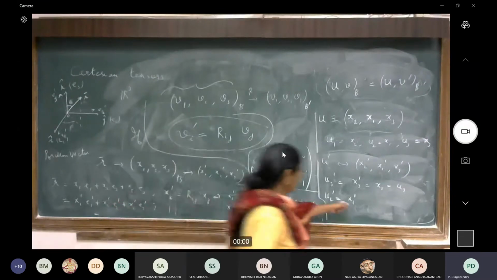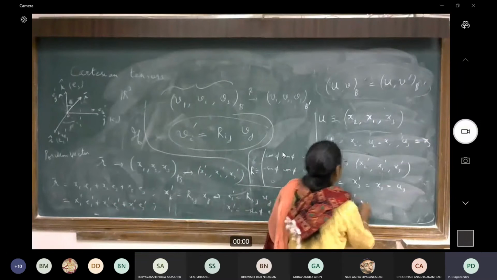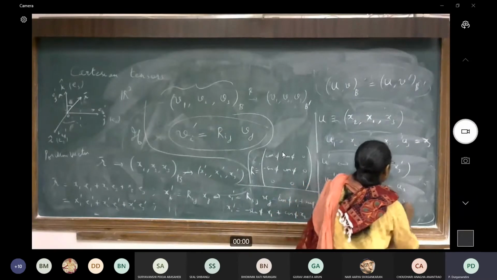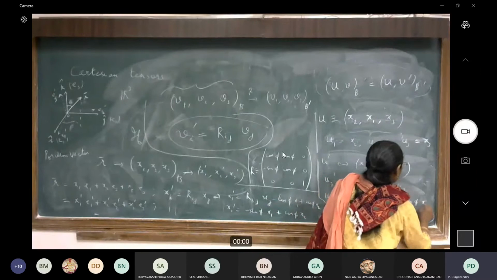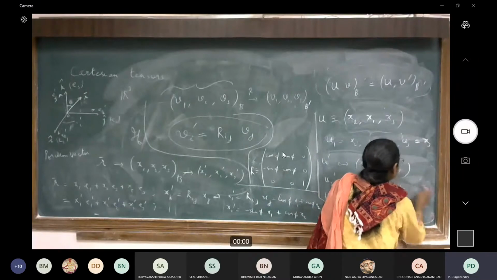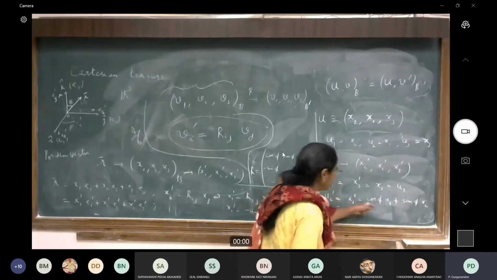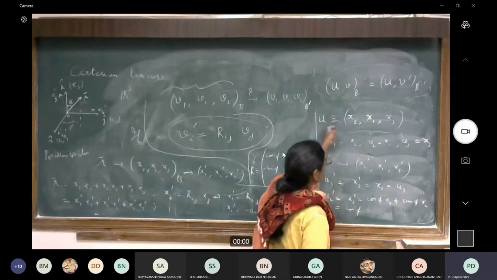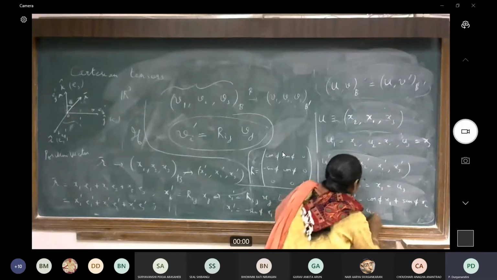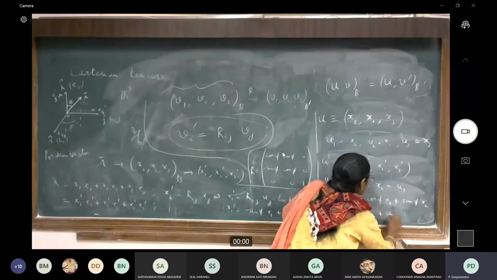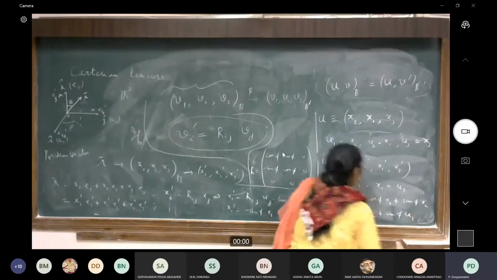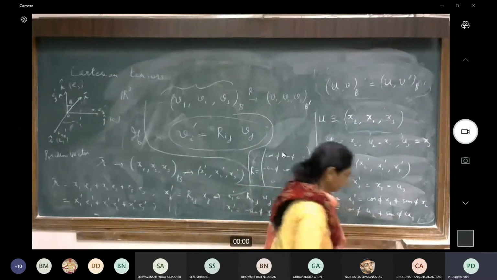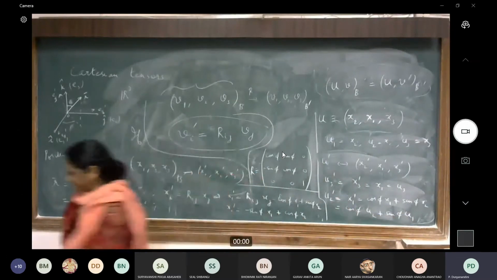So let's substitute here. U2 prime is x1 prime, so I can write this as cos phi x1 plus sin phi x2. Fine. But this I will now write as cos phi times x1, which is nothing but u2, plus sin phi times u1. So u2 prime is cos phi u2 plus sin phi u1. Fine.